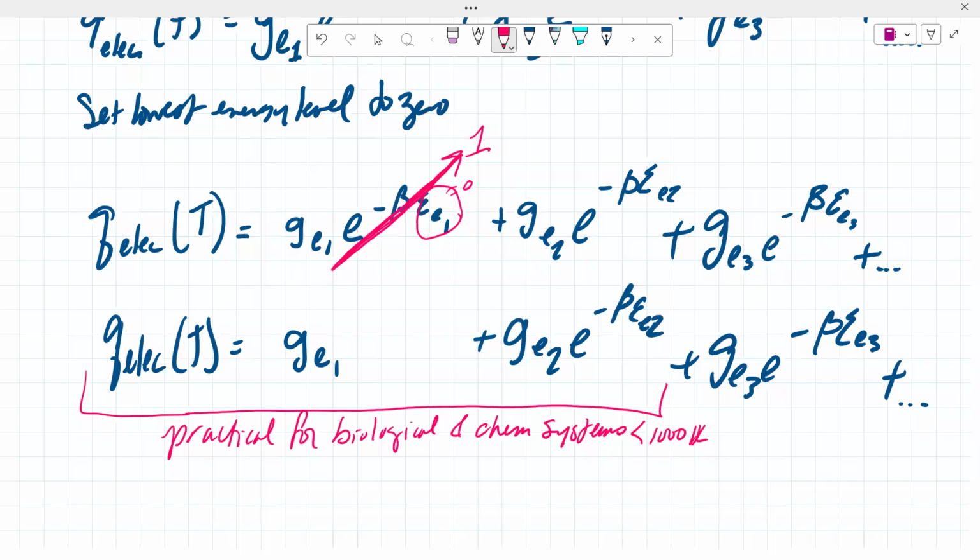Because remember, if you're at really hot temperatures, the distribution spreads out to all the different available levels. But when you're at low temperature, the appreciable population is in the lower energy levels. So you can cut off the empty energy levels and it's not going to cause you any problems. So that's why we can make that approximation most of the time.